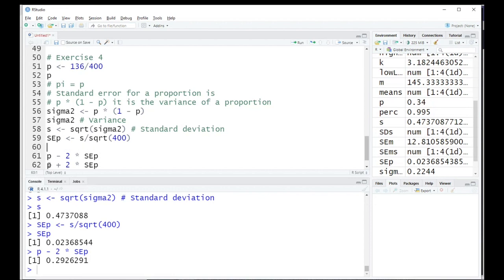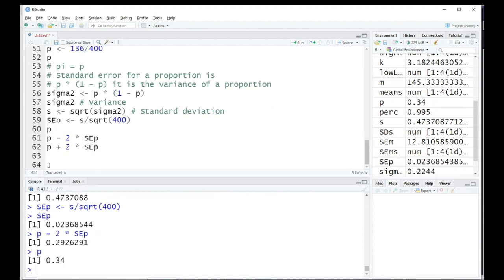So we have seen that P is equal to 0.34, so we have 34% of surviving insects. But if we talk about the population, we cannot say that the proportion is exactly 34%.